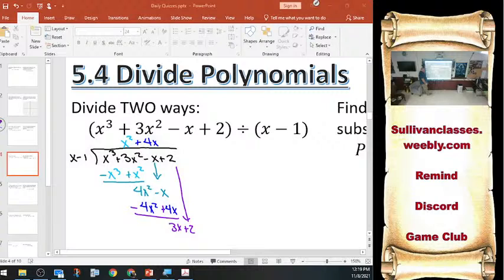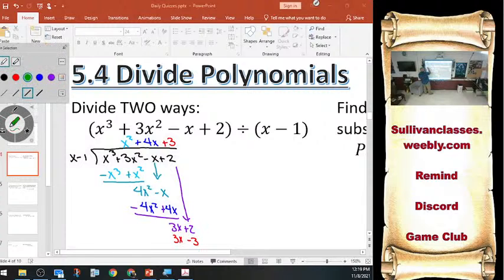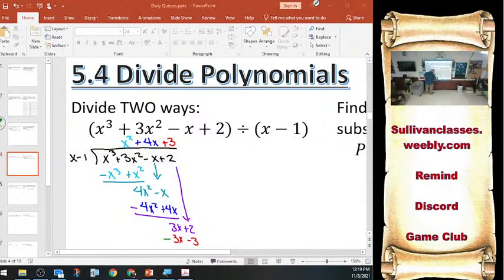Start the process over again, third time. 3x divided by x is 3, and 3 times the stuff is 3x minus 3. So close, swing and a miss. You have that 5 left over. How did we handle that 5 left over?